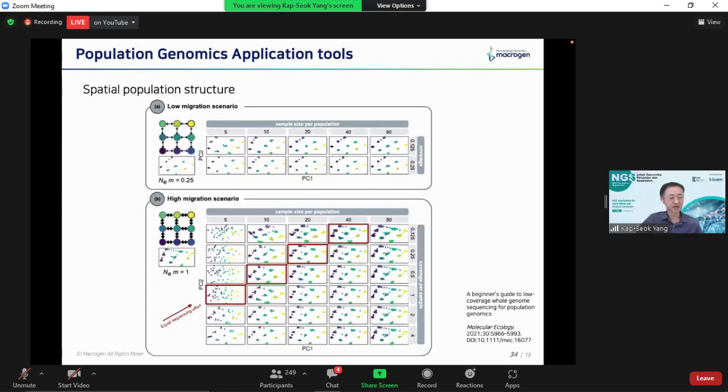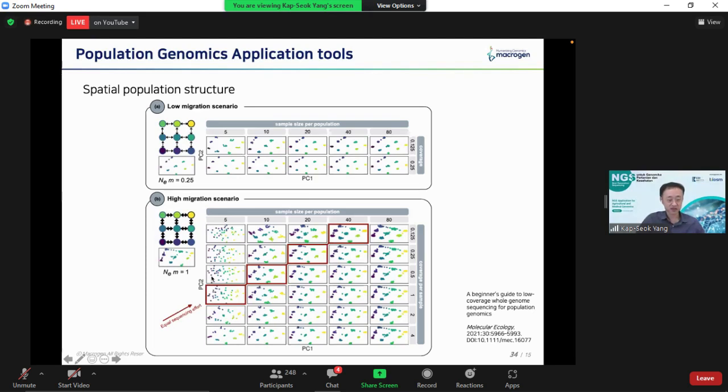The second one is the spatial population structure. That simply means you are working with very closely related but distinctive populations, and you are interested in how you can replicate their distinction from the genome data. As you can see, the low migration scenario means that these populations don't really communicate and share their genomes.